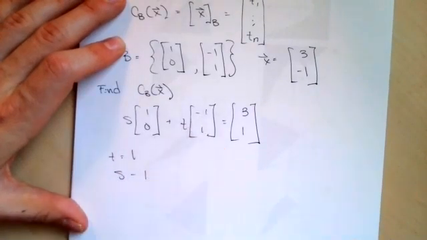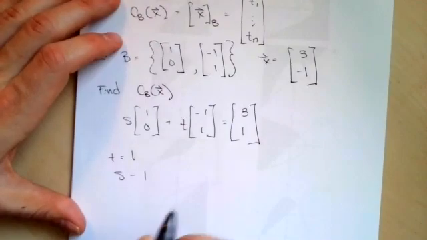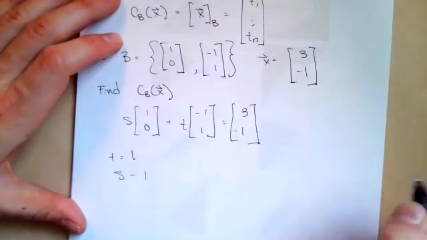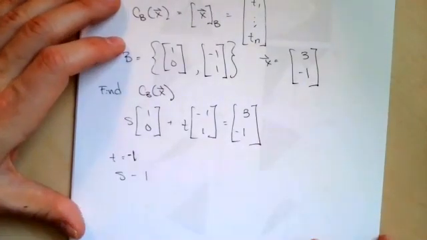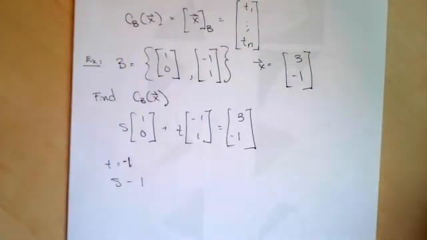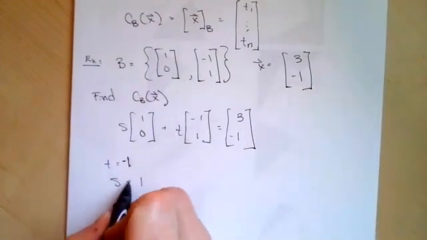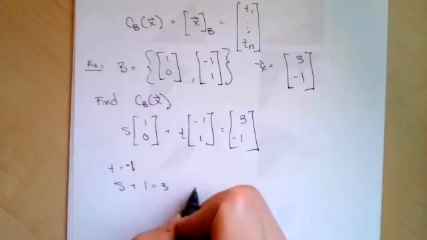Shouldn't it be 3, negative 1? Yeah, sorry, (3, -1). So our t is minus 1. And then we will get s plus 1 is equal to 3. And so our s equals 2.